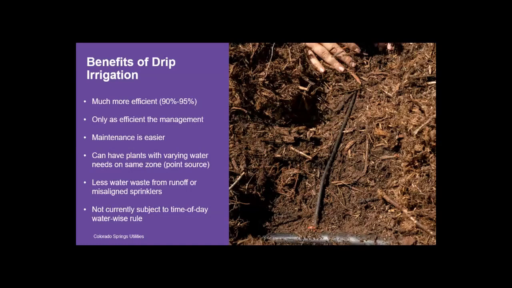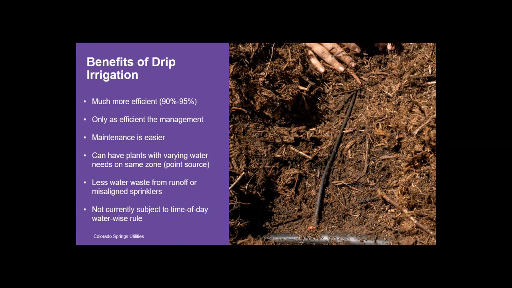The benefits of drip irrigation: it's much more efficient. Drip irrigation is 90 to 95% efficient, versus overhead irrigation, which generally is 60 to 65% efficient. Meaning with overhead irrigation, 30 to 35% of that water is not being put to beneficial use.